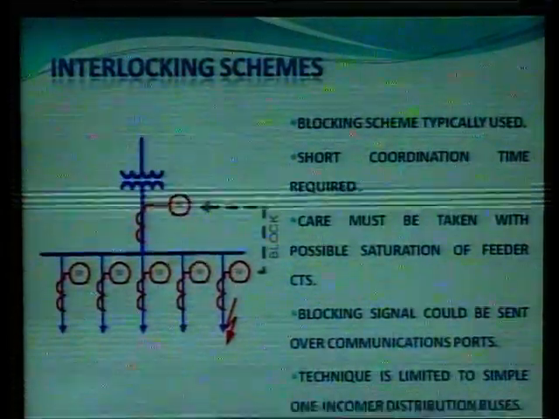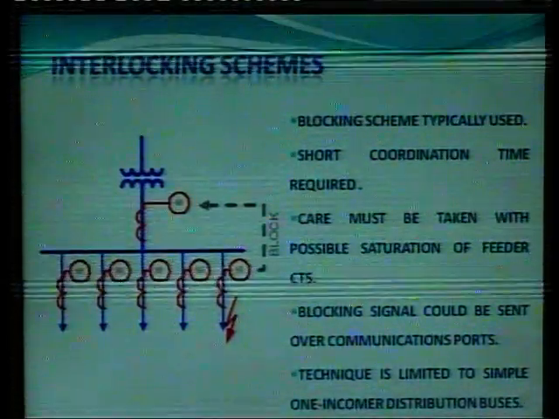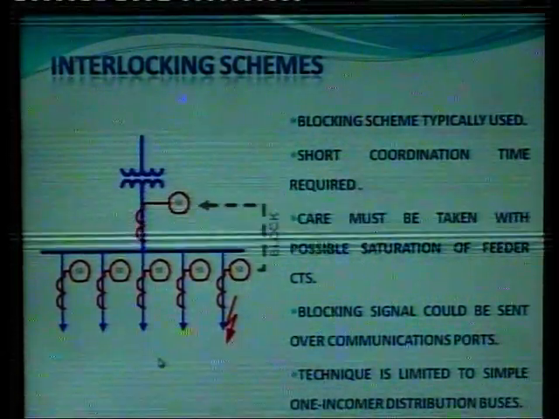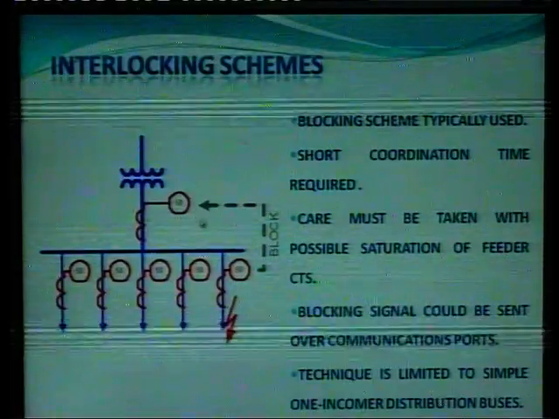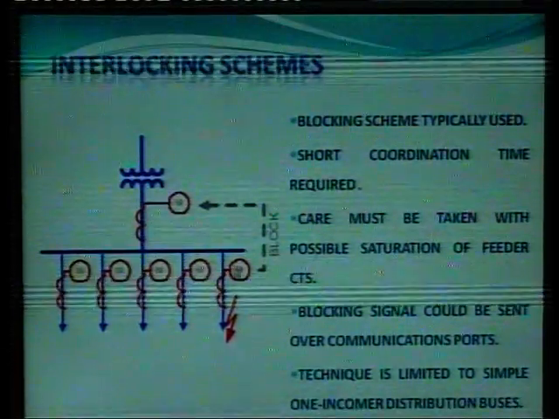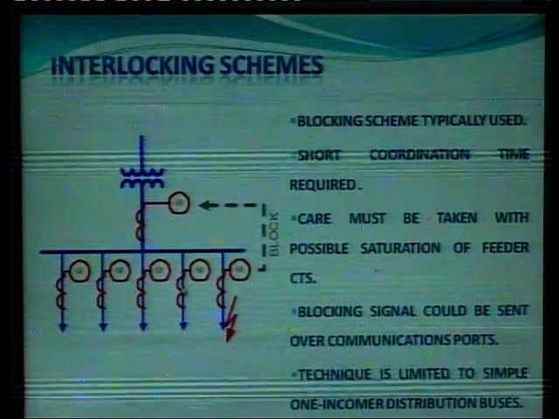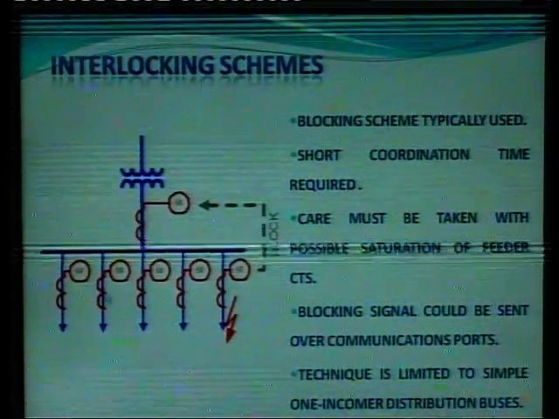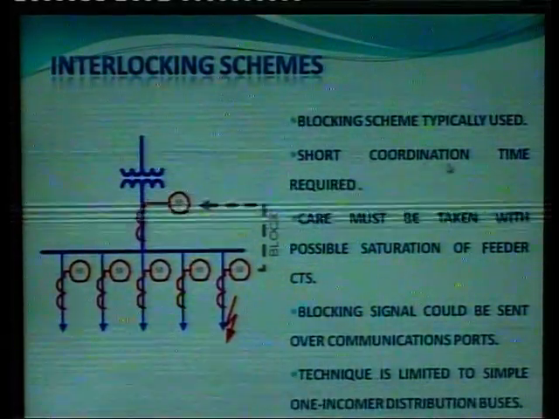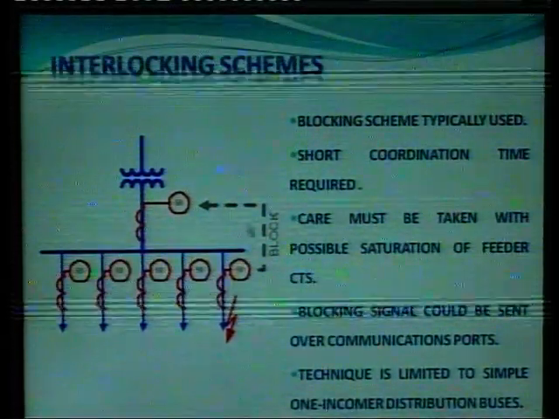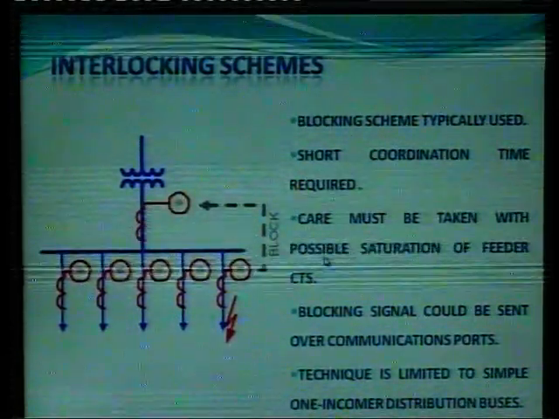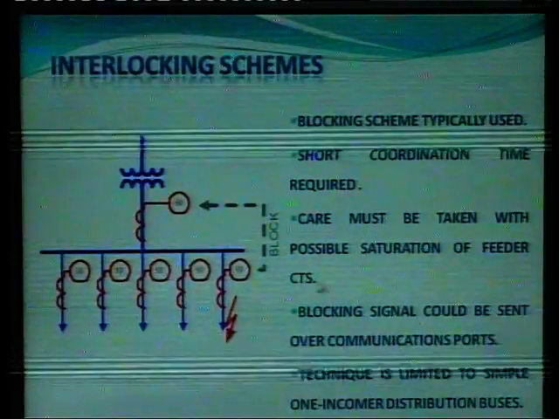Now, this is the interlocking scheme. Here the blocking scheme is used, in which the incoming CTs are interlocked with the CTs at the outgoing feeders. A short coordination time is required for this, and care must be taken with the possible saturation of the feeder CTs.